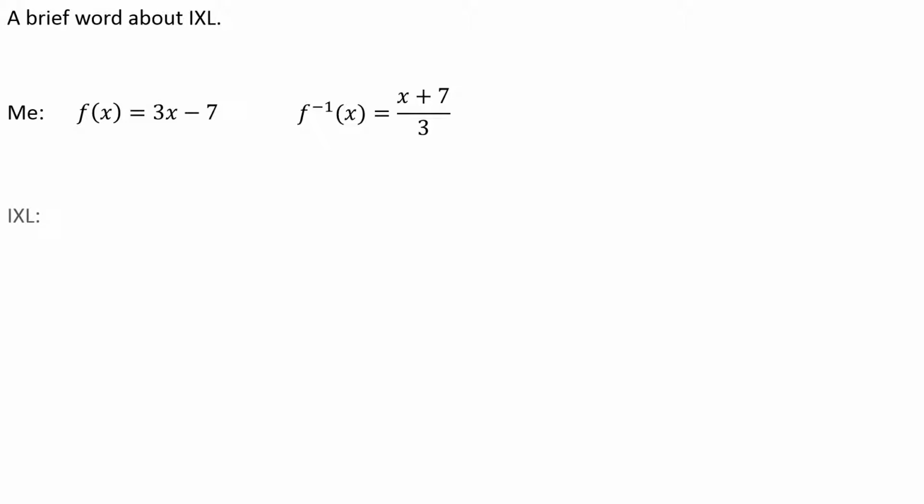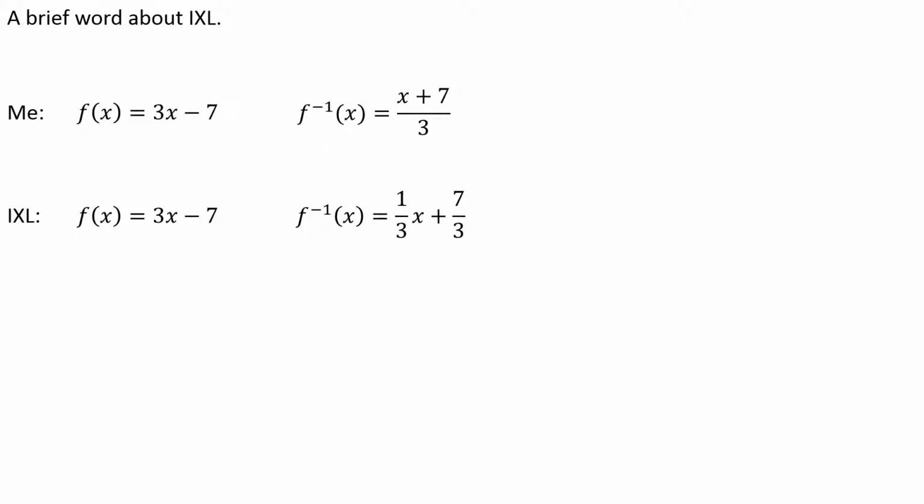But IXL won't write them that way. They're going to clearly show that the original function is a straight line, and of course, the inverse function is a straight line, and they're going to write it in slope-intercept form. So instead of x plus 7 over 3, when you're on IXL, it's going to look like 1/3 x plus 7/3.